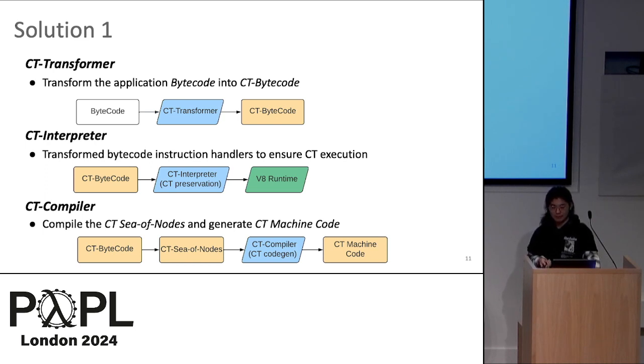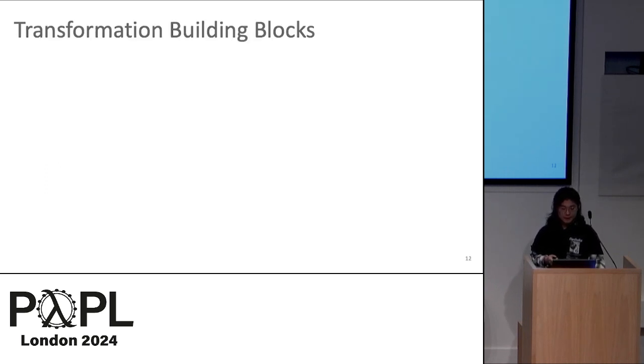So far I mentioned transformation so many times, but what does constant time transformation really mean? The CT transformation requires two operations. First is control flow linearization. Another one is data flow linearization.